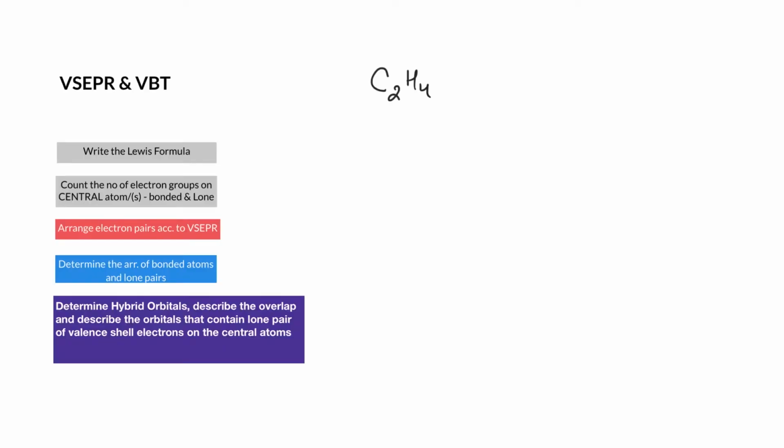So let's start with two cases, both of which involve more than one central atom and a double or a triple bond. So C2H4. We very well know that carbon has a valency of 4, and that means its atomic number is 6. So 1s2, 2s2, 2p2.